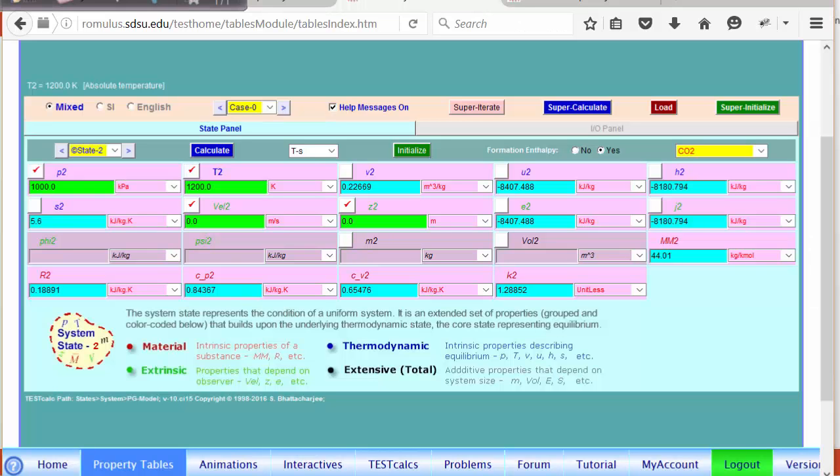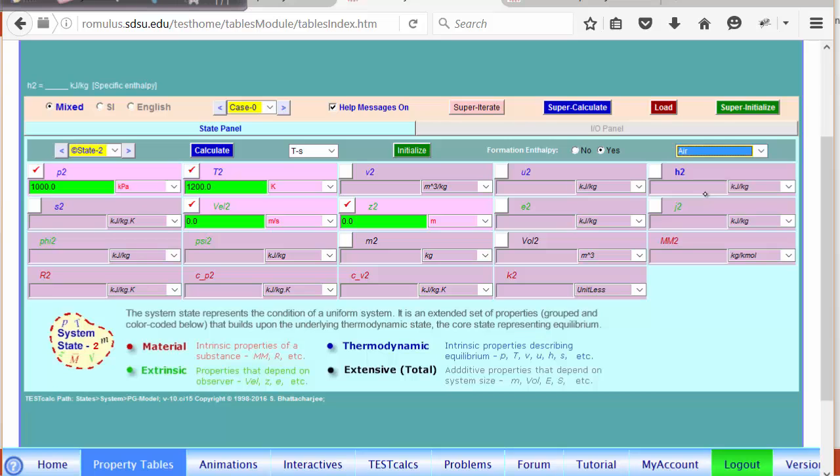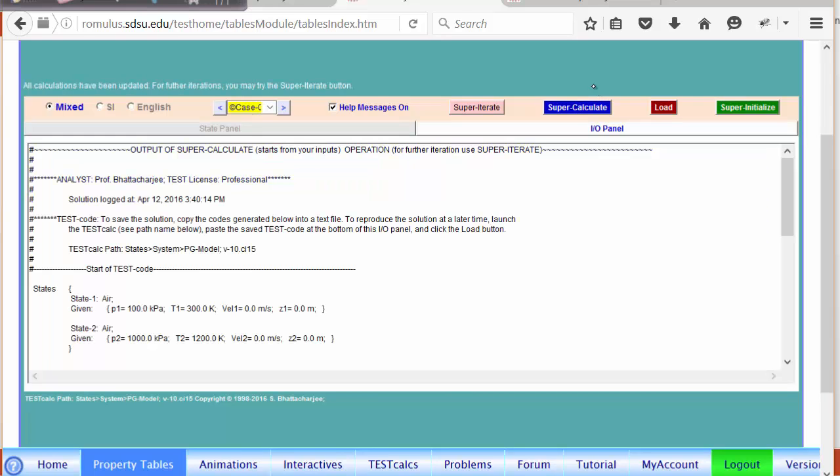Just one more thing. Suppose the question is changed. Suppose we are now interested to find the same property differences, but instead of carbon dioxide, let's say we want to find it for air. All we need to do is to select air and click the calculate button.